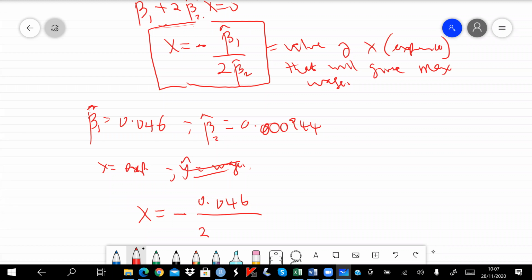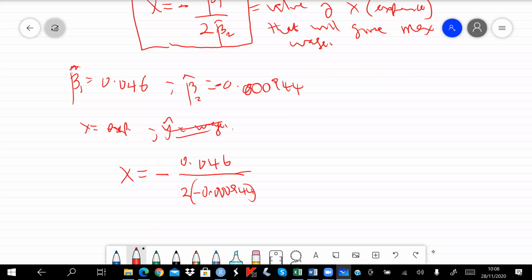This value is negative, multiplied by minus 0.000944. If I simplify this, the answer will be a positive number because the negatives cancel. If you work it out, you will get around 24 years.